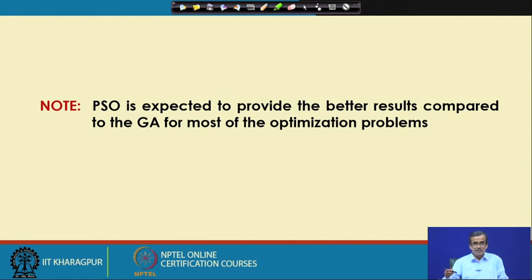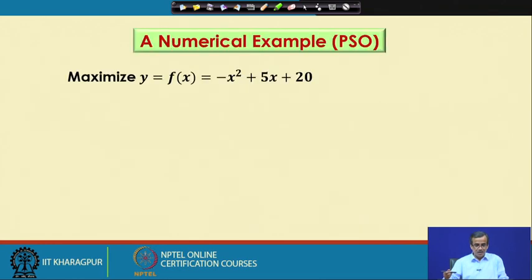But of course, as I mentioned, there are some problems: some effort has to be made to find out what should be the values for the parameters, so that PSO can perform in the optimal sense.